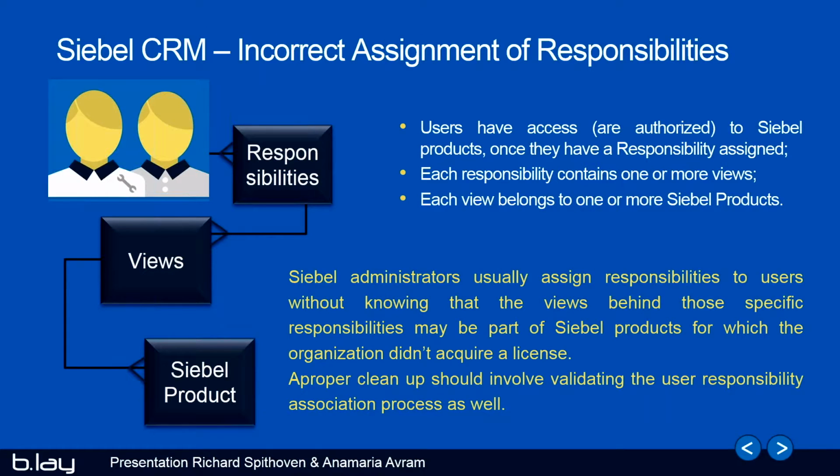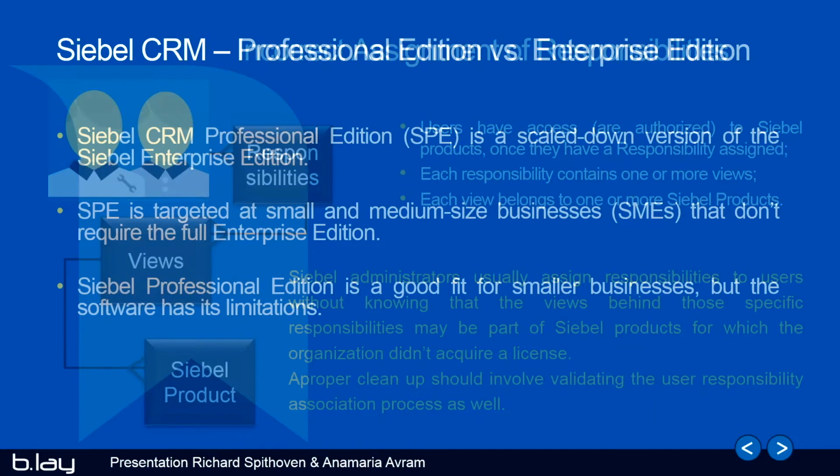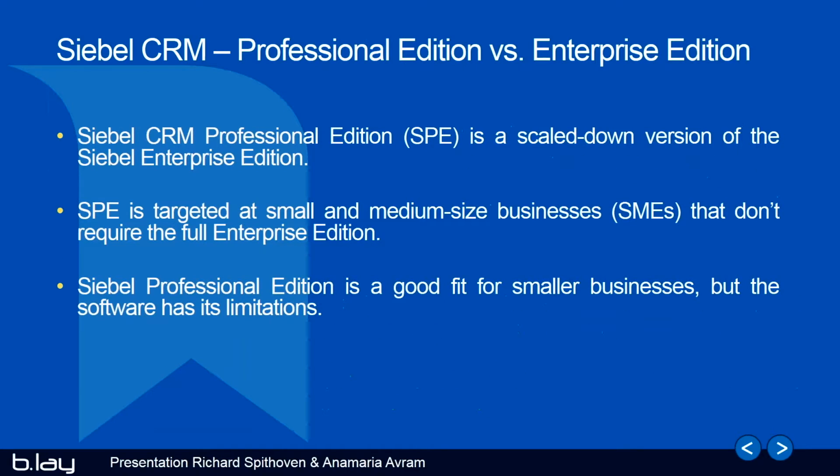The Professional Edition versus the Enterprise Edition. This is another factor that can affect the licensing of the Siebel products. Siebel Professional Edition is a scaled down version of the Siebel Enterprise Edition. As you can see, it is a good fit for smaller businesses, but of course the software has its limitations because it is cheaper than the Enterprise Edition.